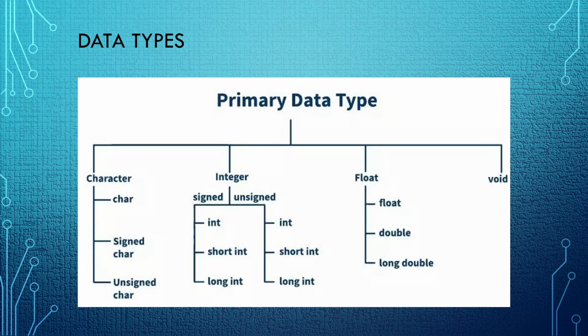We use the keyword float to represent the floating data type and double to represent the double data type in C. Next we have void. The void data type means nothing or no value. Generally void is used to specify functions which do not return any value. We also use the void data type to specify functions with empty parameters.